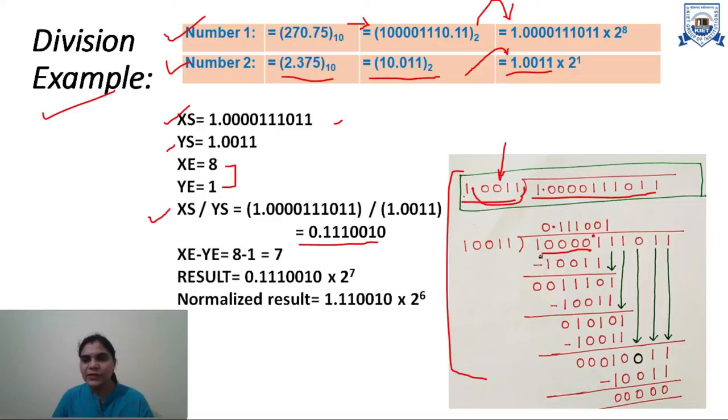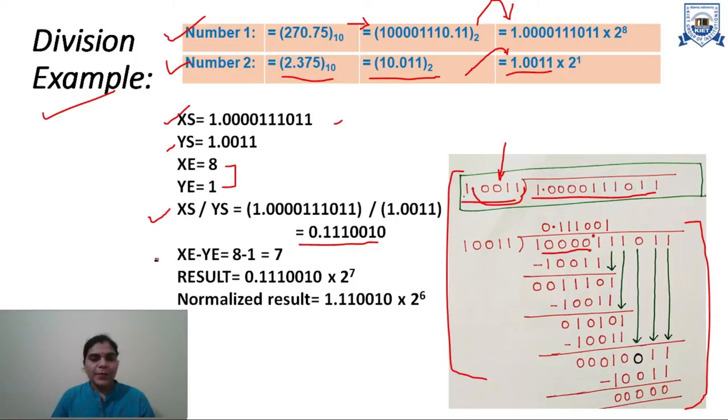So we will move this binary point 4 positions to the right. Now we will perform the binary division. As expected, you have studied binary division in the previous lecture, so you can solve the binary division here.